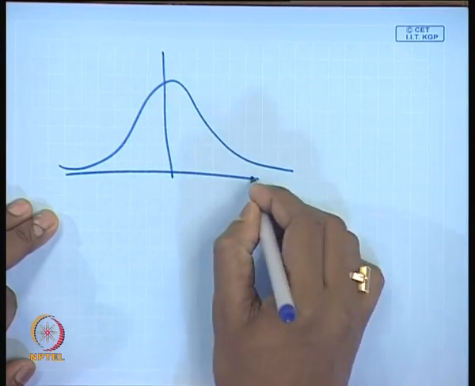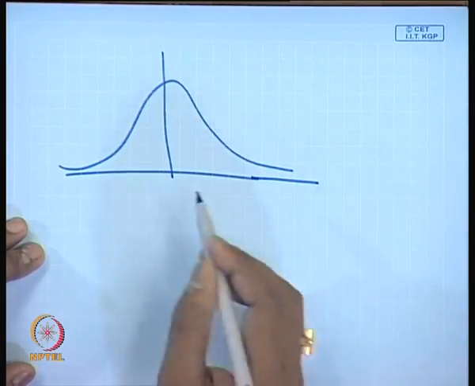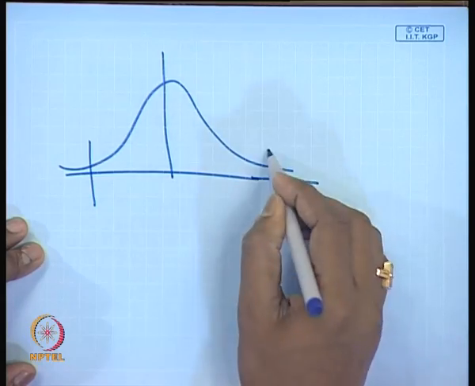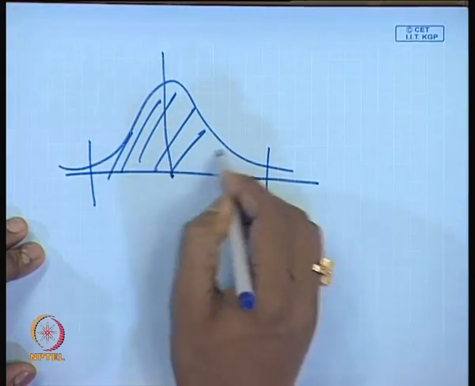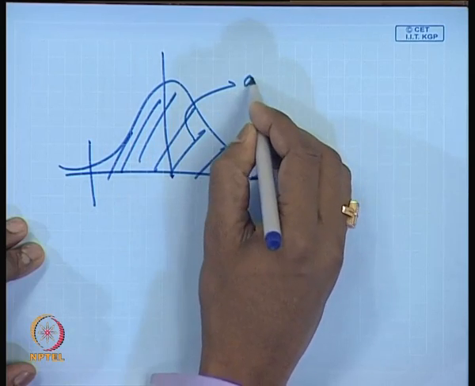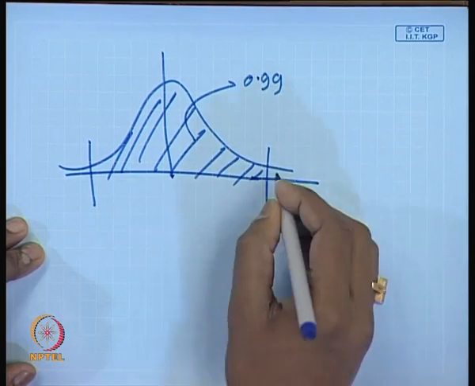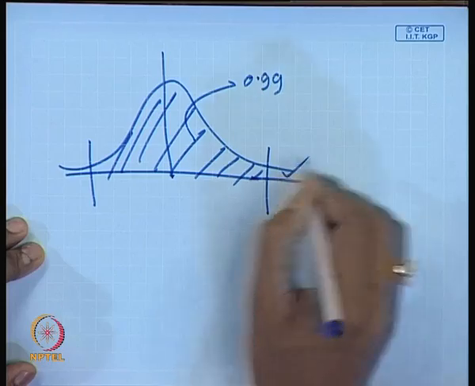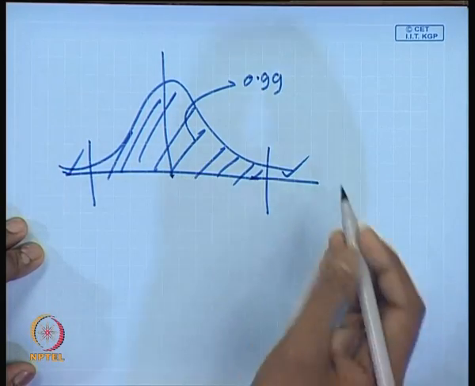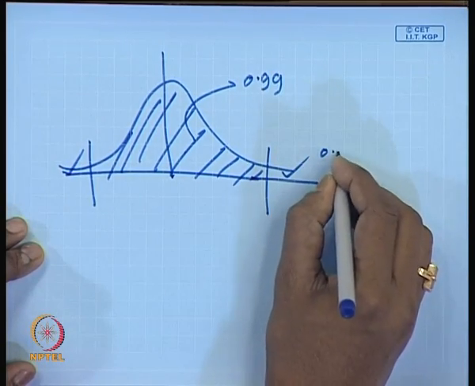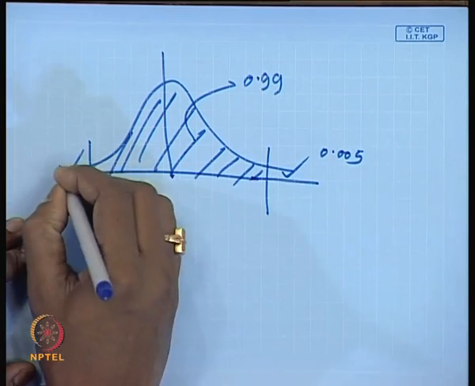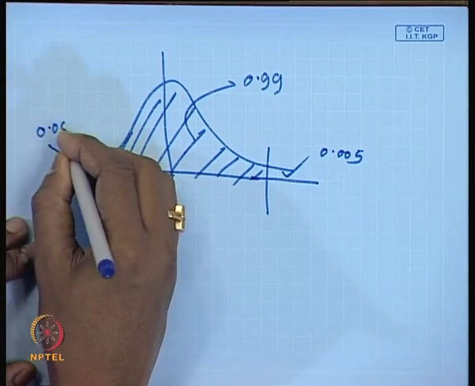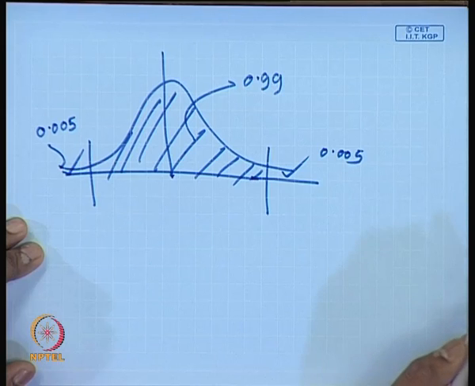If this is the distribution, then this area is your 99%, so 0.99, and whatever is remaining on each side is the same by symmetry. So, this is your 0.005 and this is your 0.005.